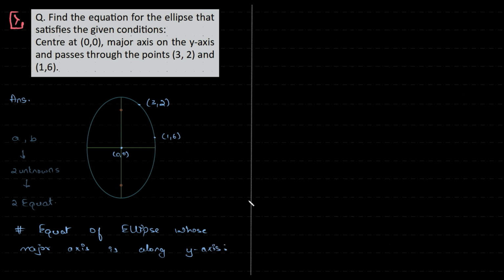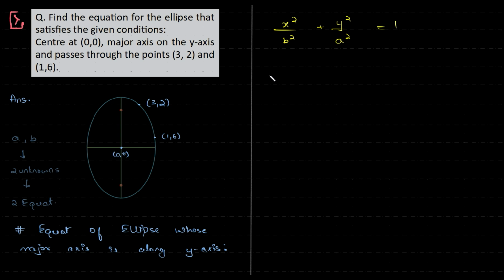That would be x square by b square plus, not a square, my bad, y square by a square, and this entire thing is equal to 1.